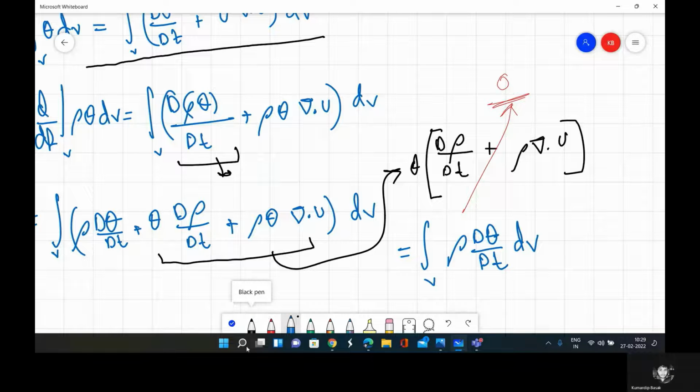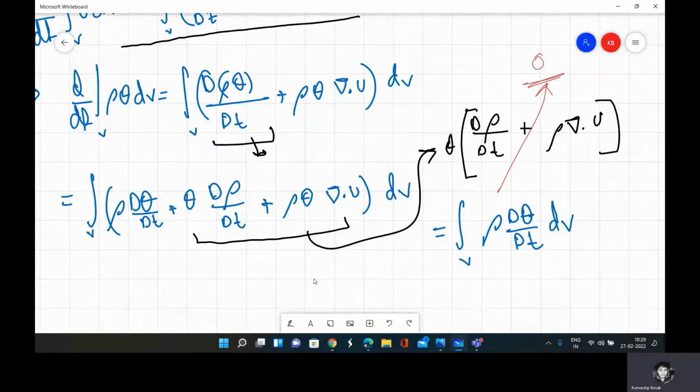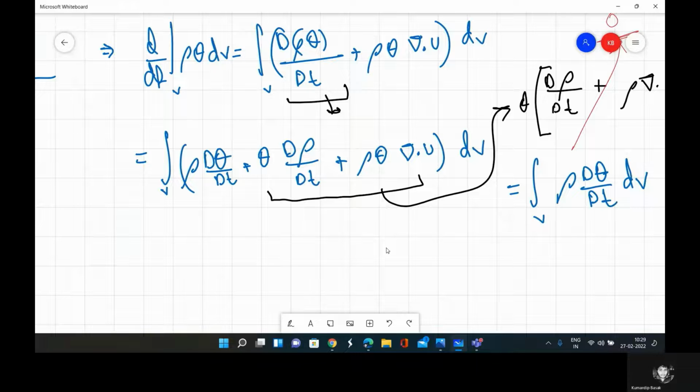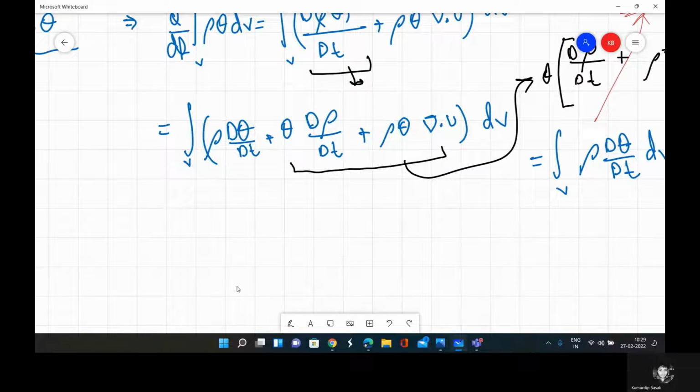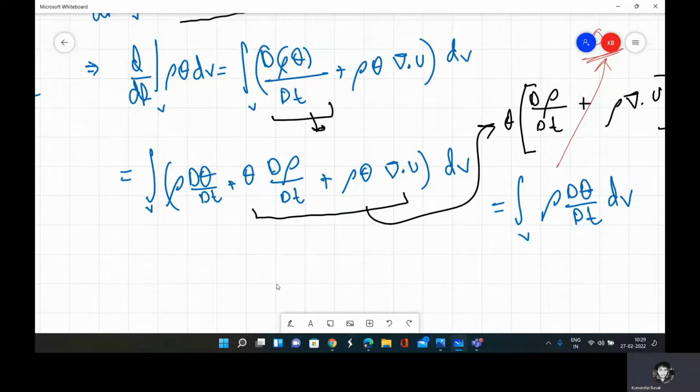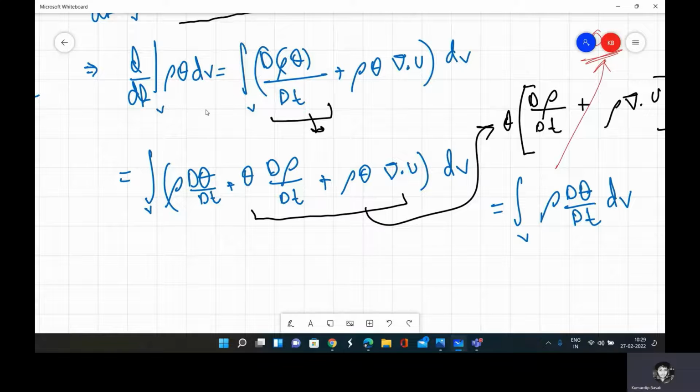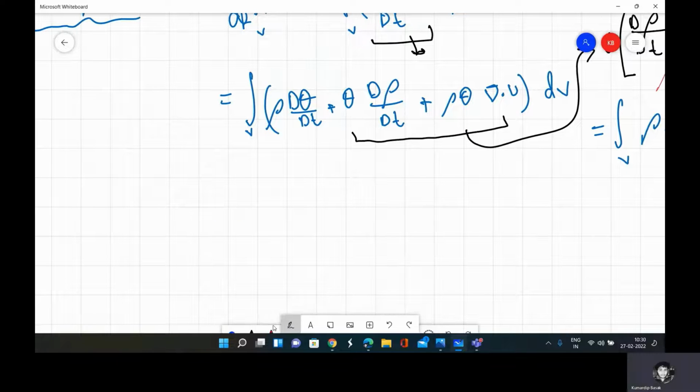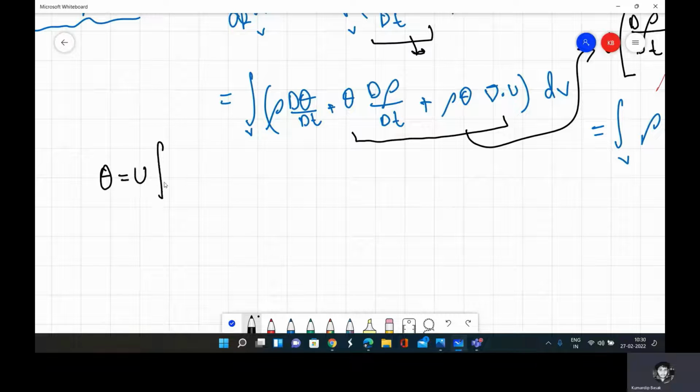Now let's just take it here. We know the left hand side is this and the right hand side as we get as this. Therefore, we do another substitution. We now take theta equal to u, that is my flow velocity.